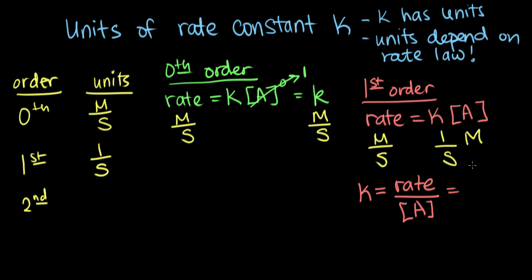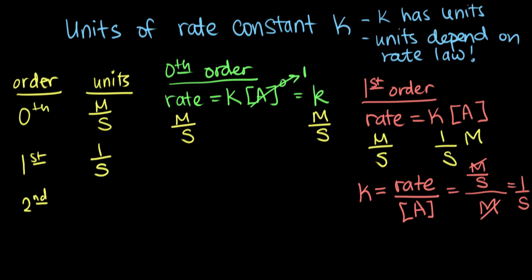So that's just molar per second for the rate divided by molar for the concentration. And then the molar cancels out and we're left with 1/seconds. So that's an even more straightforward way to find the units of K. But the idea is the same. You can treat units the same way you treat numbers, and you just have to make sure they match on both sides of your equal sign.